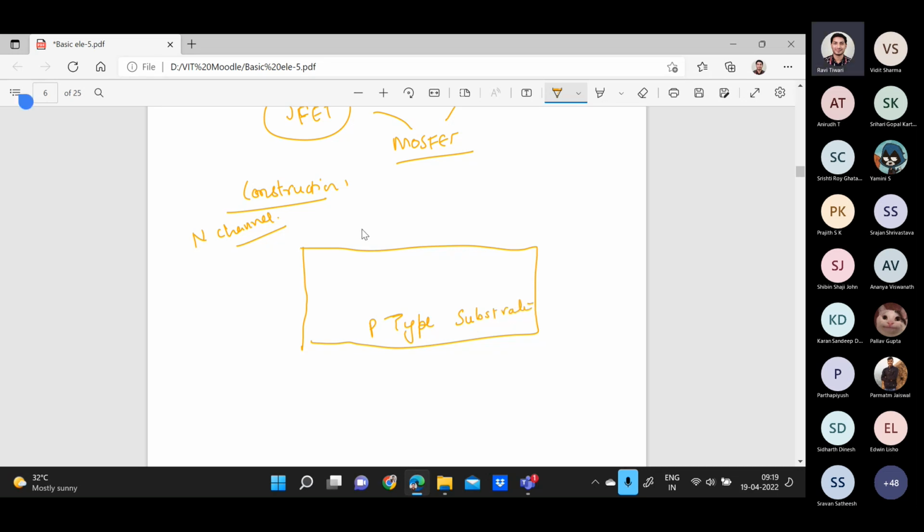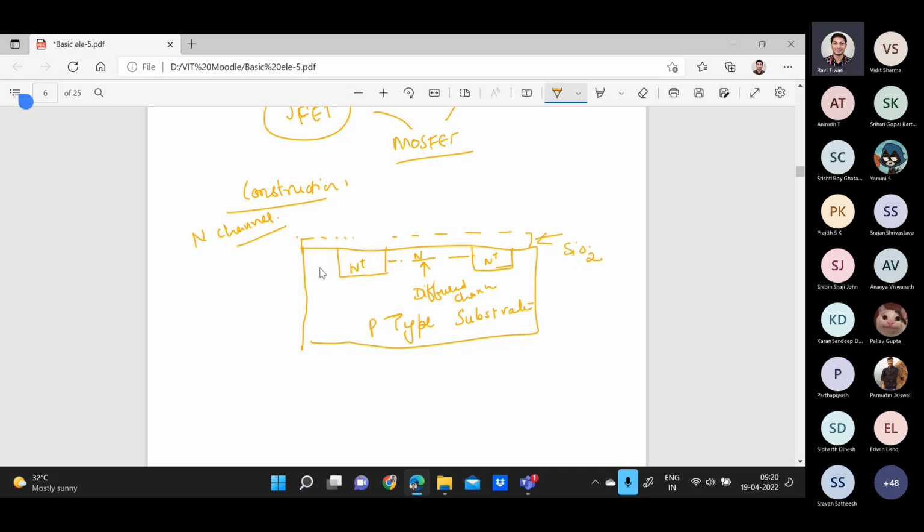In that, you have to diffuse the N positive terminals like this and like this. And in between them, because of diffusion, an N channel will be created. It's called the N channel. So it's a diffused channel. With the help of this, you have to make one SiO2 layer.